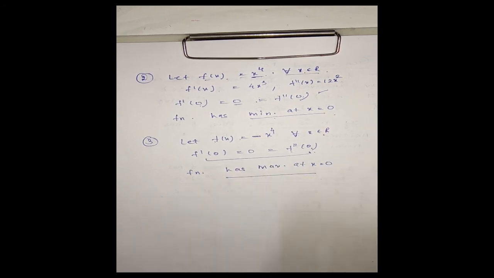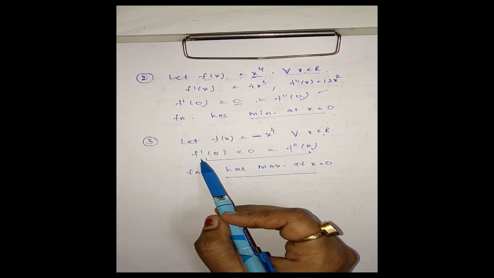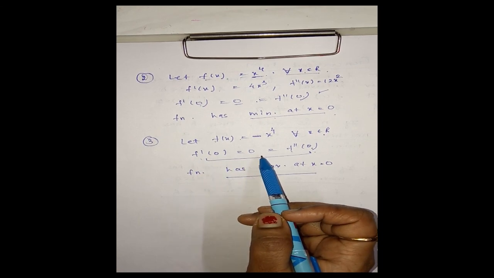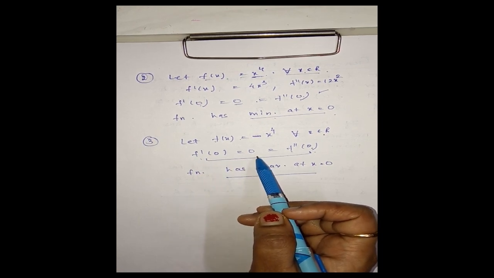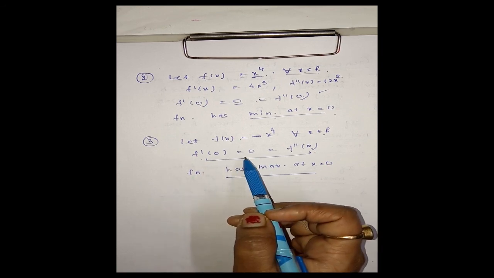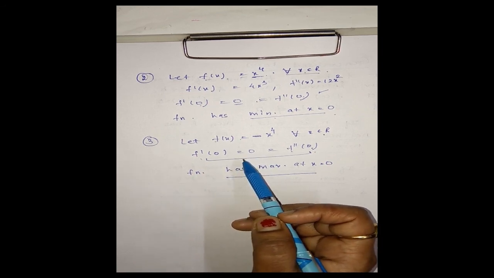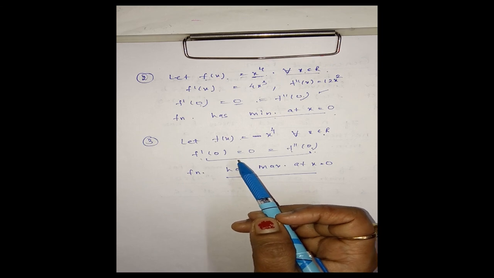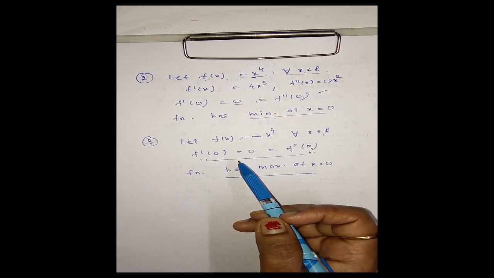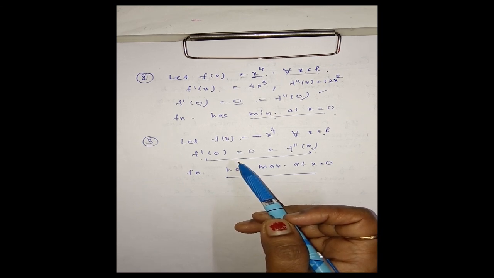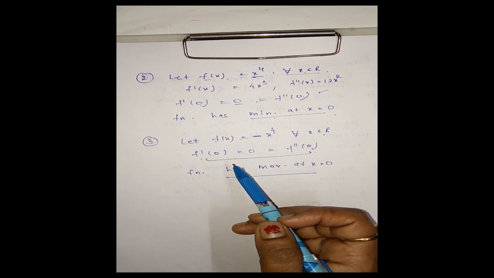Okay, that means if we have the condition f dash c is 0, f double dash c is 0, we cannot draw any definite conclusion regarding the maximum or the minimum value. In the first case, when f(x) is equal to x cube, we have seen that x is equal to 0 was neither a maximum nor the minimum value.